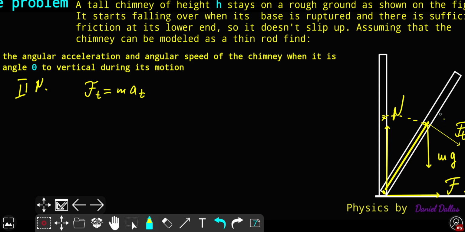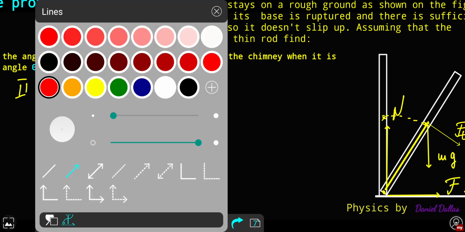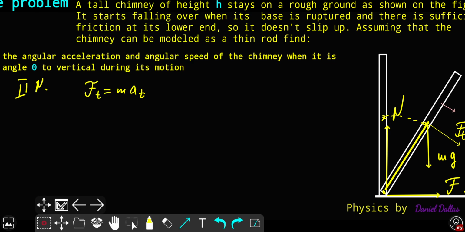So the tangential acceleration is directed in the same way. Let me mark it in pink, okay? So that's going to be the tangential acceleration, a tangential. All right.